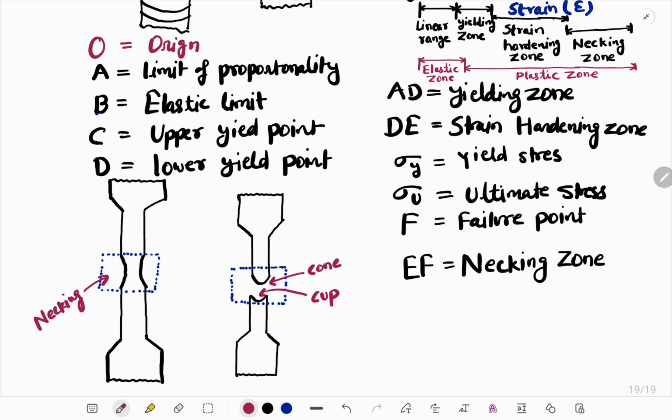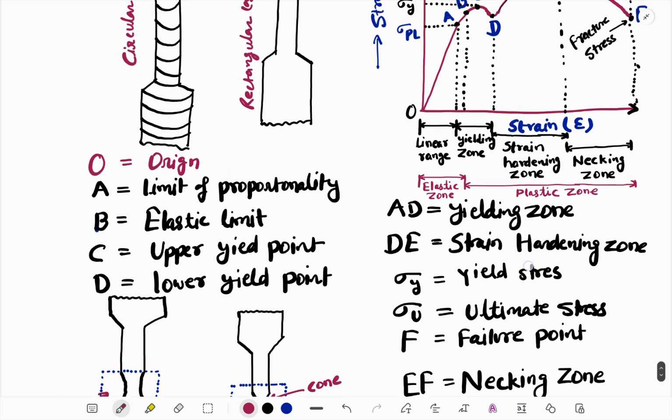After failing, it maintains a shape called the cup and cone shape. After breaking, one side becomes like a cone and the other side becomes like a cup. This phenomenon happens when we test a mild steel material through the universal testing machine.